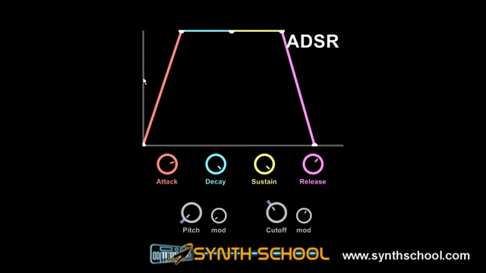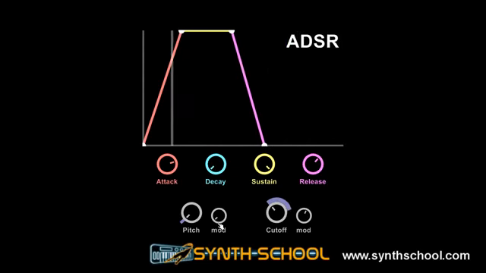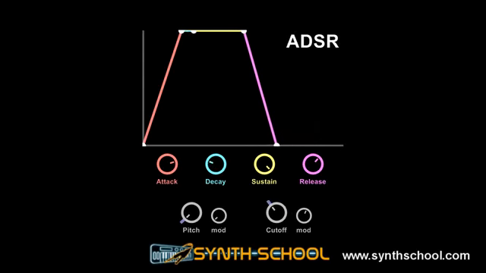Once I trigger a note, there is a white line that shows where the envelope is, and try to listen if you hear any difference between a long decay or short decay. That's right, there is no difference. When the sustain is on maximum, the decay value is meaningless.